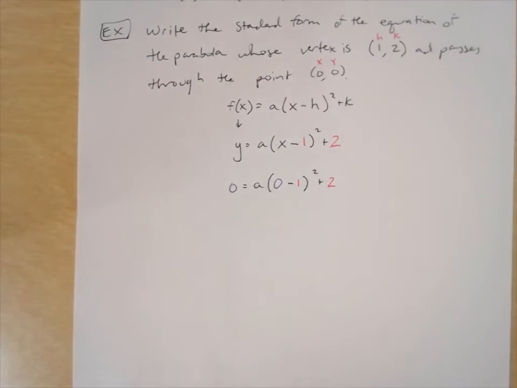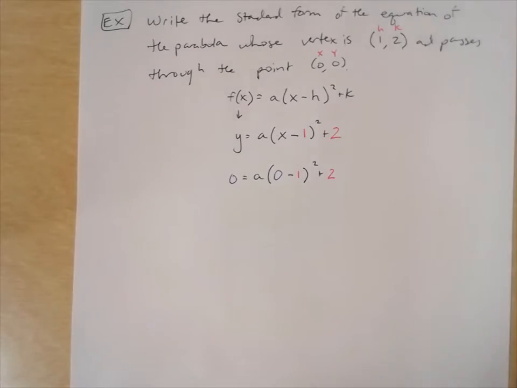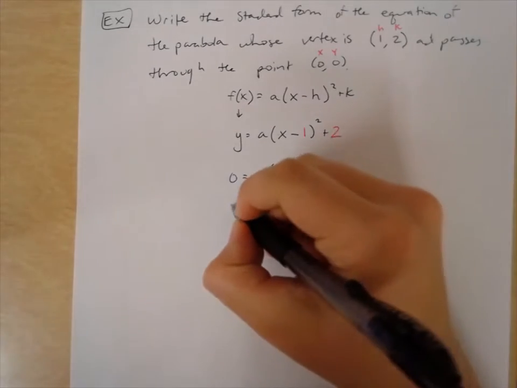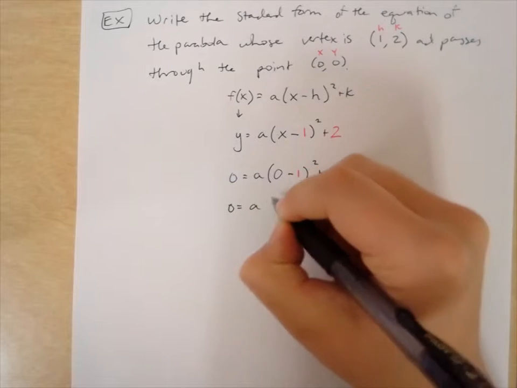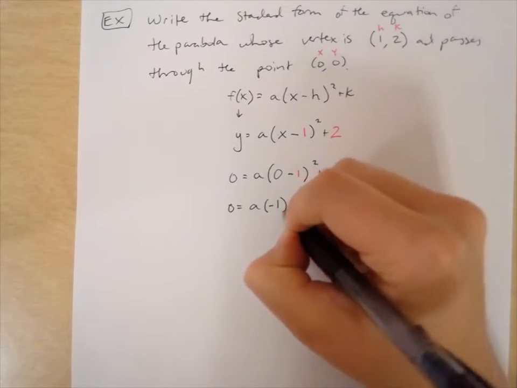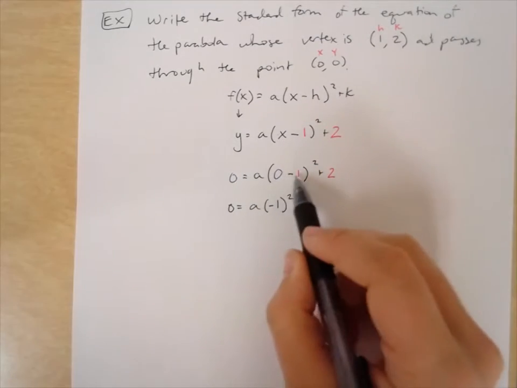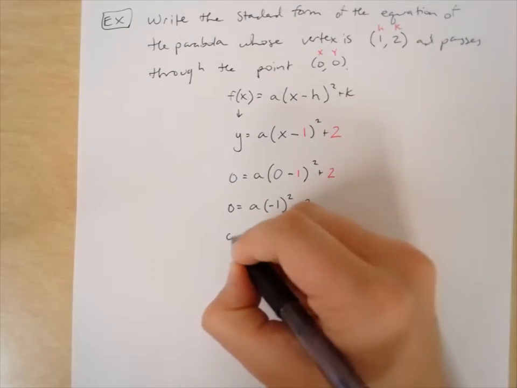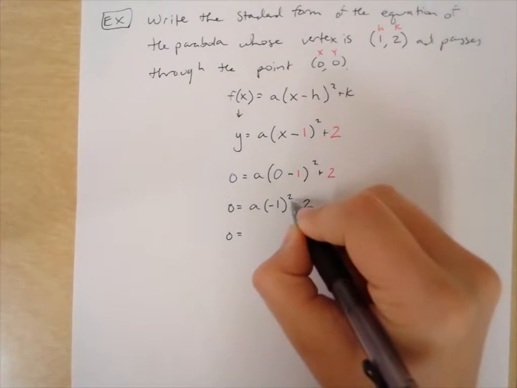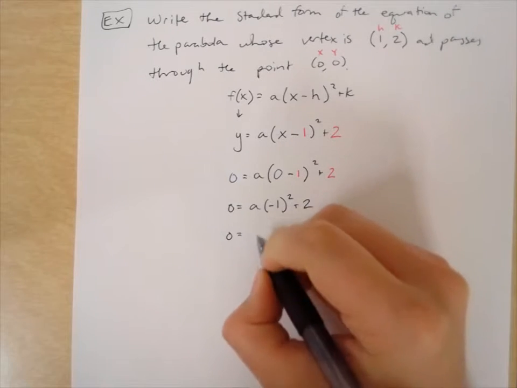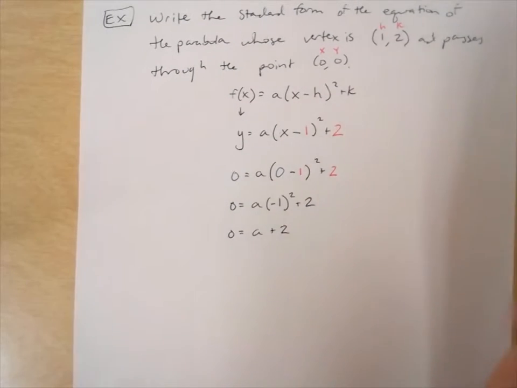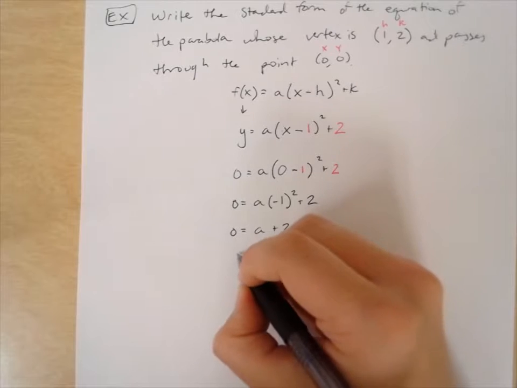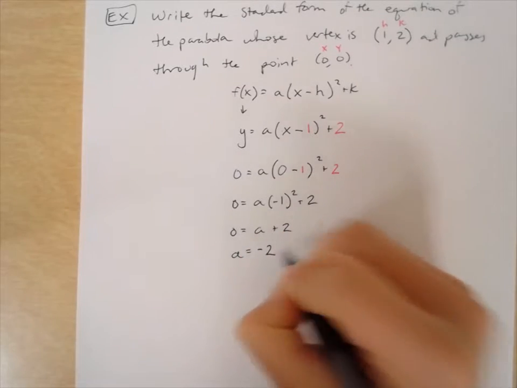Now, when we start to simplify things out, we get that 0 equals a outside negative 1 squared, because 0 minus 1 is negative 1, plus 2. So we get 0 equals 1 squared times a, which is just a, plus 2. We subtract 2 from both sides. We get a equals negative 2.